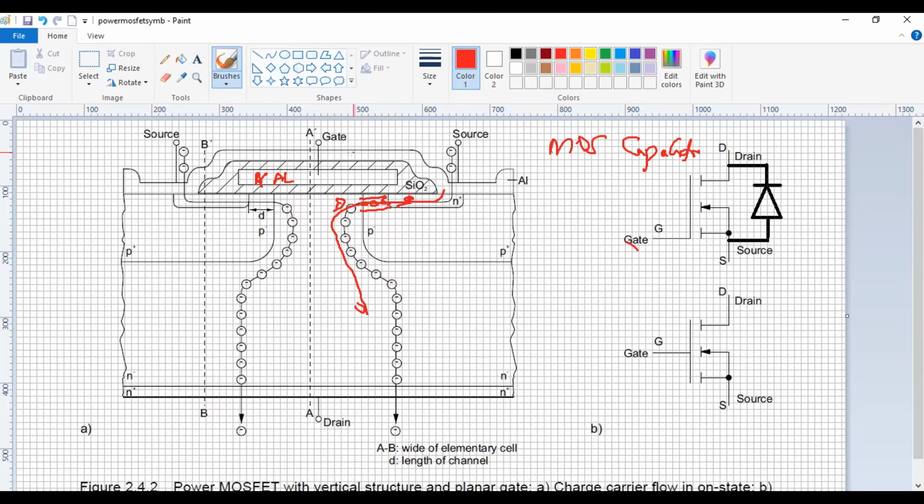To create that channel, we still want VGS to be greater than VDS plus a particular threshold. So we have to invert that small area and create a channel through which the electrons can flow down and be collected.